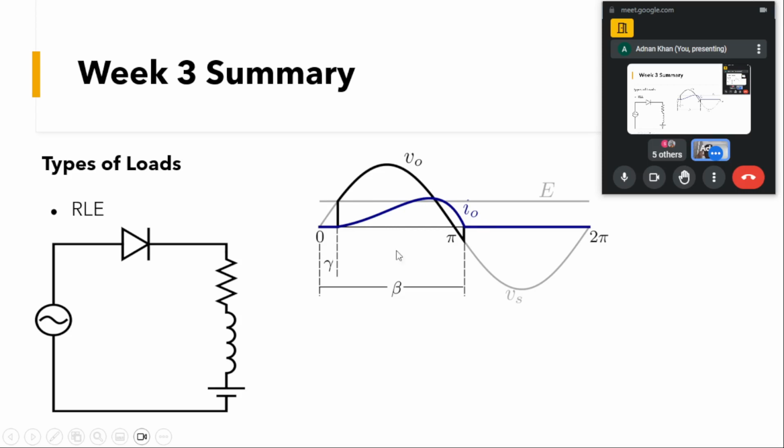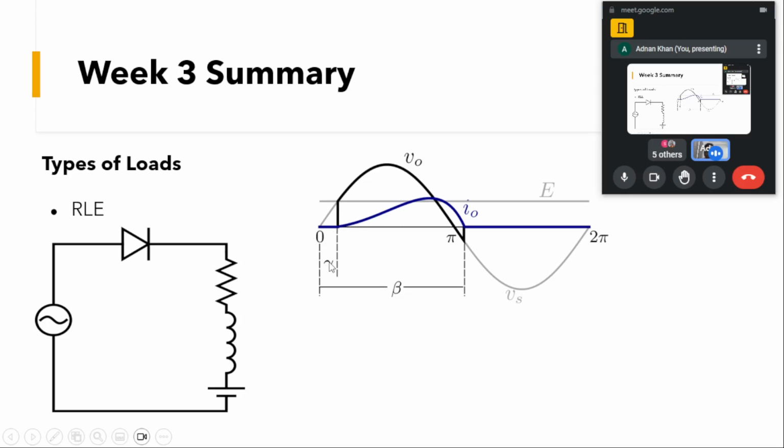You can see the point of natural commutation for the diode is changed by some angle, represented here by gamma. Now the diode won't start from 0, it will start at gamma, and it depends on this E. The higher this E, the larger the gamma angle.